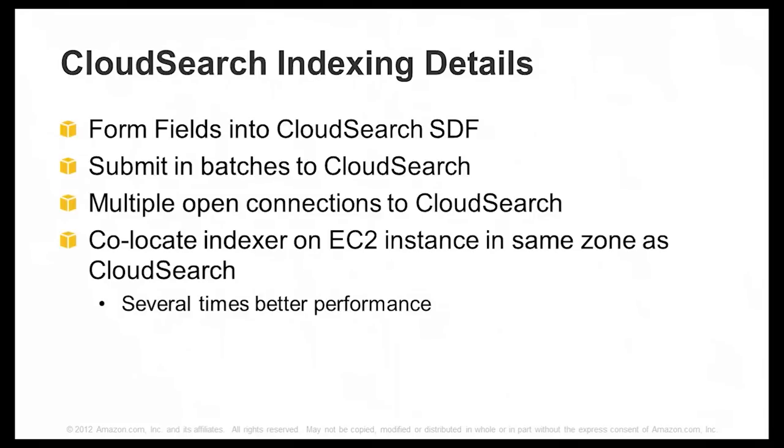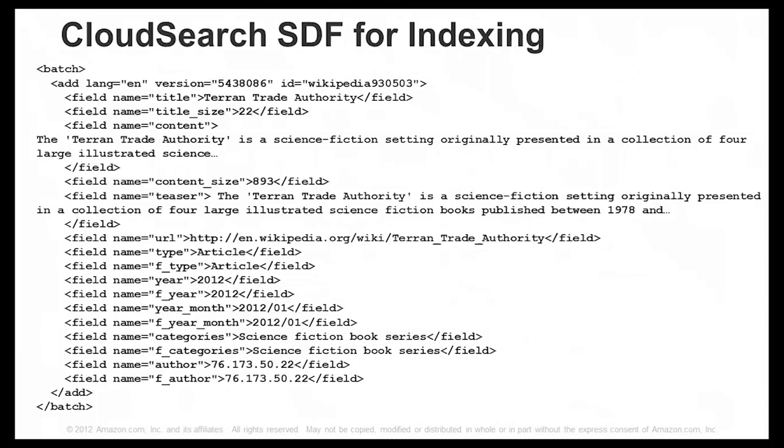Some of that was just my laptop, but we moved that to a large instance in the same region as the CloudSearch system, and we got 450 documents per second, so that was like a 9 times improvement. The bandwidth within a region is so large that putting your indexer within the same region as the CloudSearch search domain is just a big win.